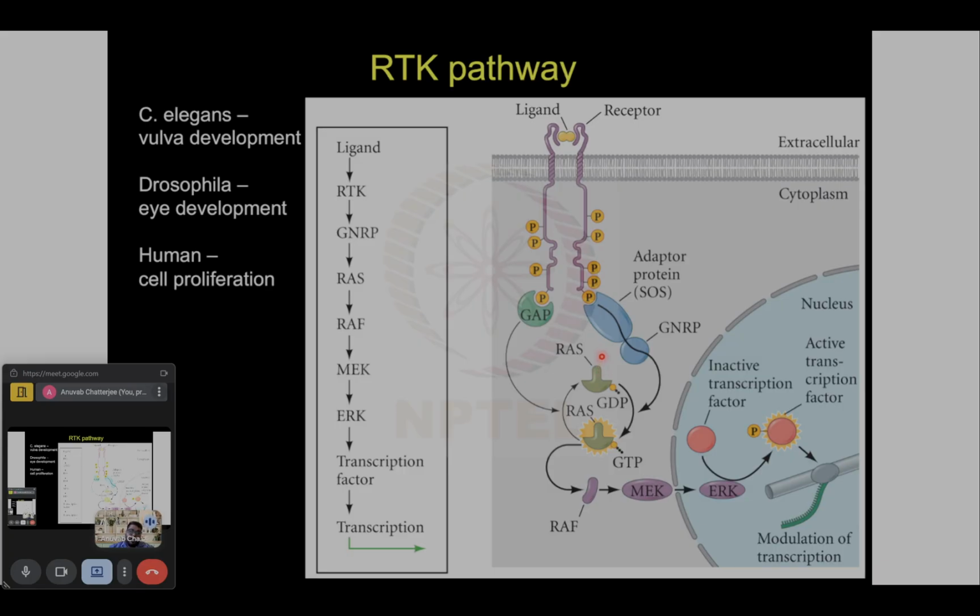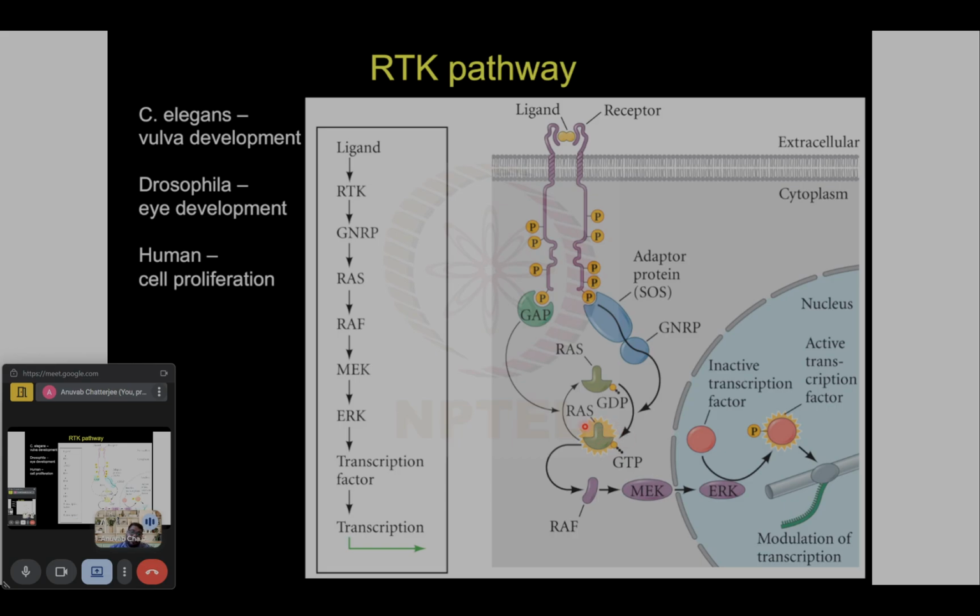Normally RAS is inactive when the ligand has not bound to the RTK and is bound to a GDP molecule. The GNRP will help the GDP to be substituted with a GTP. The RAS bound with the GTP is the active form of RAS.